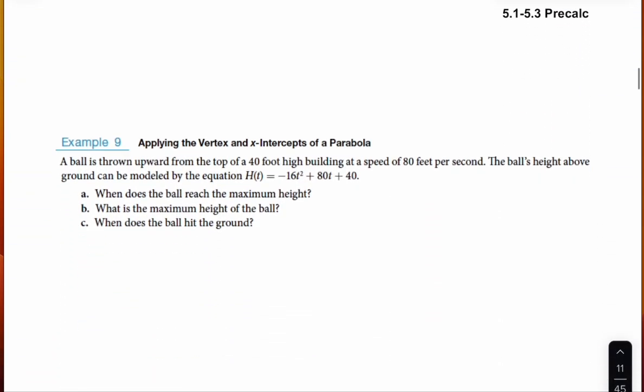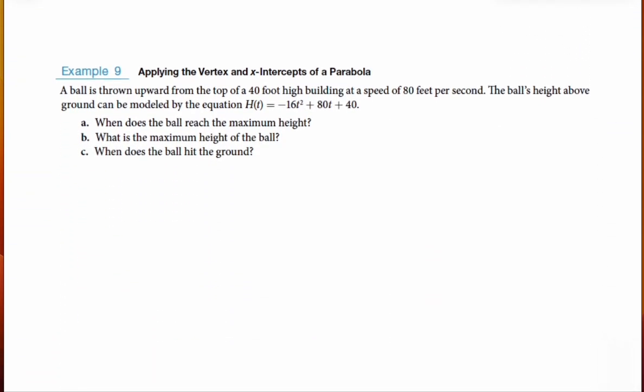Okay. Last one. So a lot of times you will see that these functions are used when it comes to modeling something that has moved in an arc. So a lot of times it could be, if you throw a football, think about the arc that a football makes.